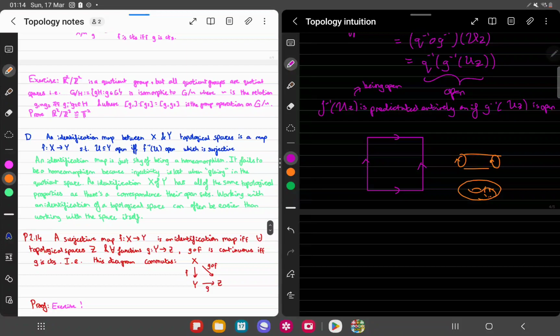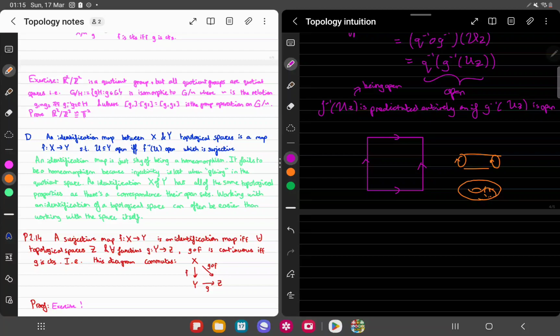An identification map between topological spaces X and Y is a map from X to Y such that for any set in Y, it's open if and only if its pre-image is open, and it's surjective. So it's really close to being a homeomorphism. The only difference is that a homeomorphism is a bijection.